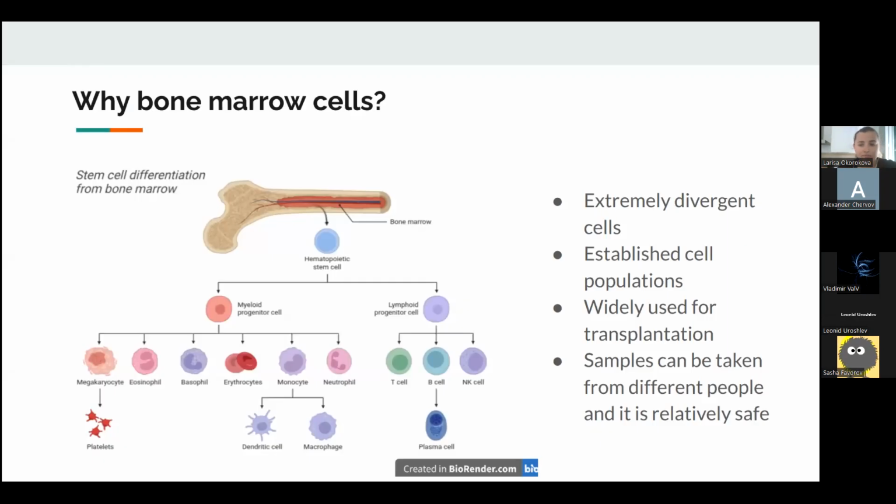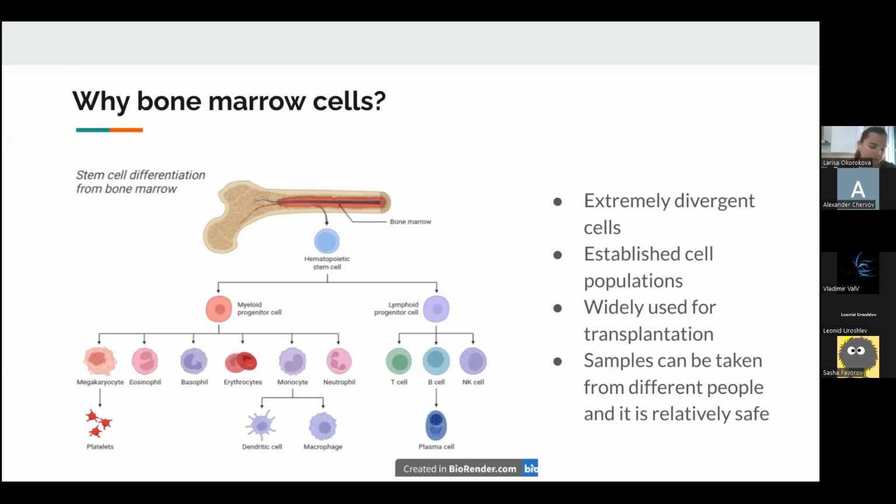At first, I want to tell you why specifically the bone marrow cells were taken for this particular competition. We biologists have known for a long time that a lot of cells in our body have almost the same genome, in all the tissues and in all the cells. The cells might be very divergent in terms of phenotype.